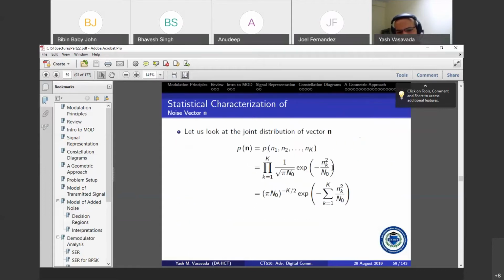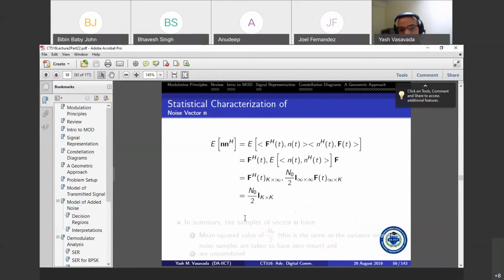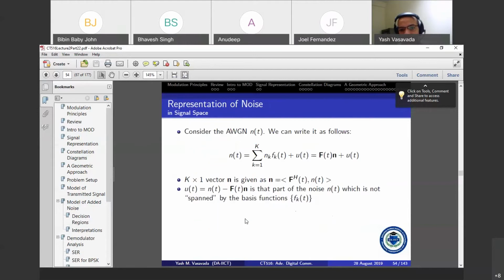I also want to spend just a few minutes looking at the optimal detection theory for these basis functions, where we said that we want to look at the conditional distribution of the vector R given that a particular vector S of M was transmitted. So we are now at this point.